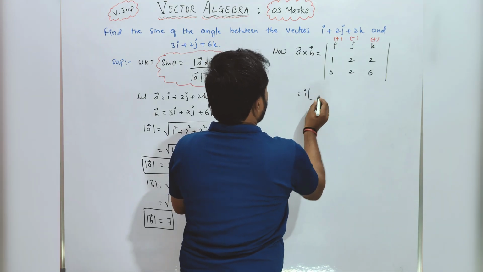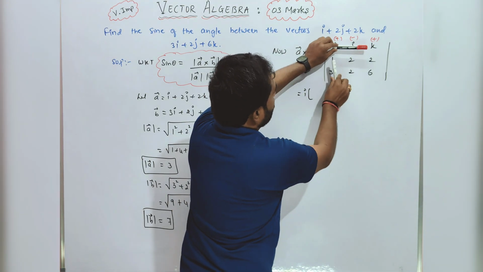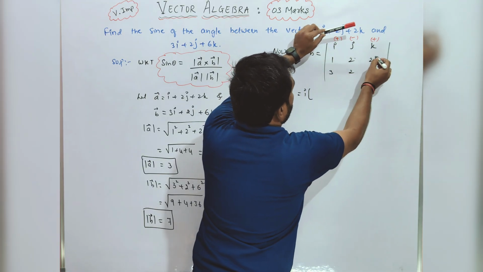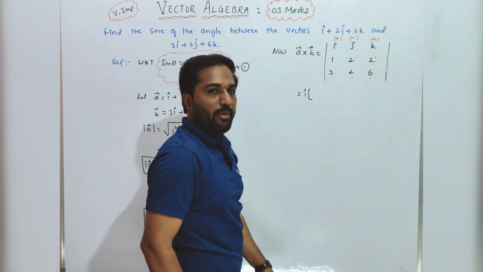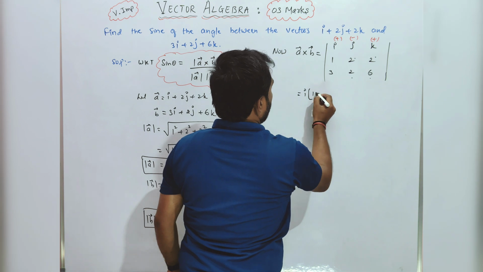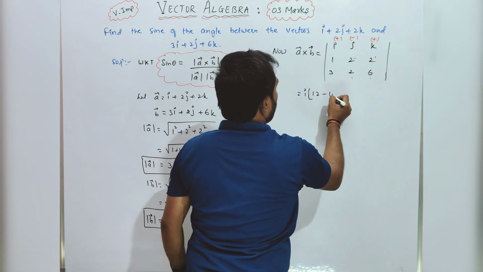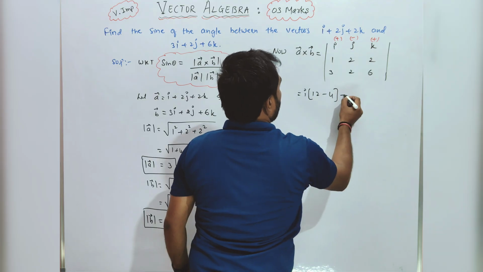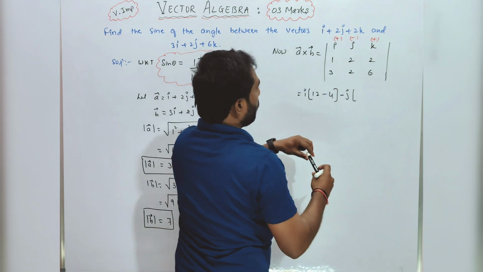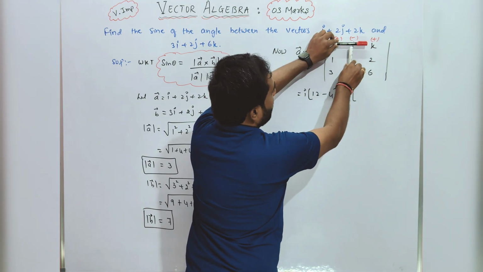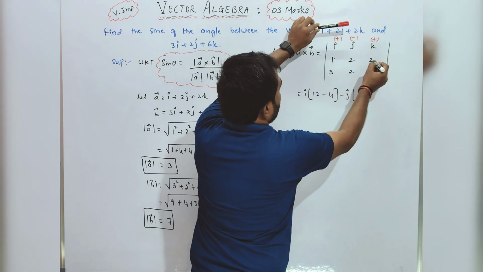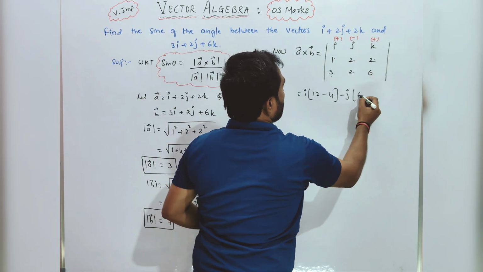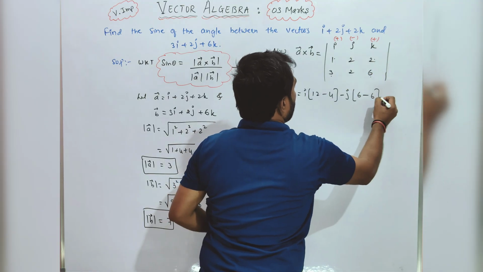How to expand? For i, you need to close its column and its row. So these are the 4 elements. Left minus right: 6 times 2 is 12, minus 2 times 2 is 4. Next, minus j into, now close its row and its column. J column, J row. So these are the 4 elements. Left 6 times 1 is 6, minus right 3 times 2 is 6.